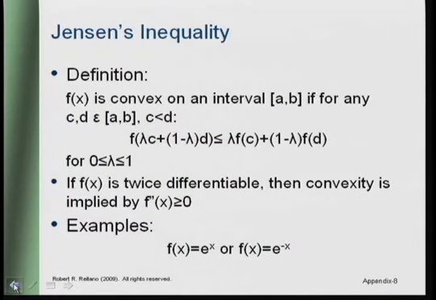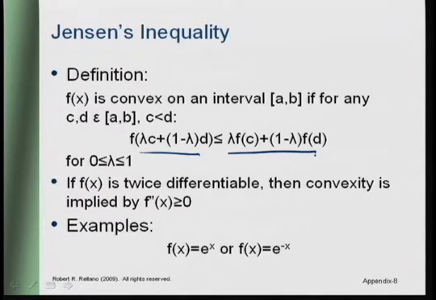So convex says that the value of the function at an intermediate point is no bigger than the interpolated endpoint values. If you know the graph or you see the graph, it's visually apparent if it's convex or not.